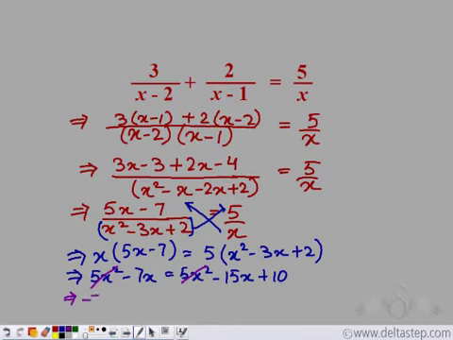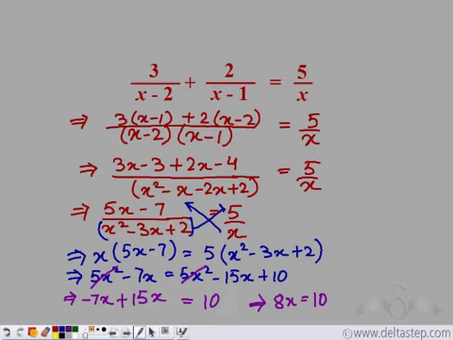So, negative 7x plus 15x, because negative 15x, if transposed to the left hand side, becomes plus 15x, is equal to 10. This implies negative 7x plus 15x is 8x. 8x is equal to 10.